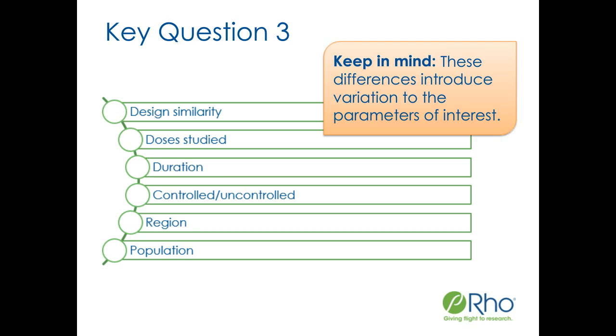Did you dose the subjects for the same duration? And then the type of control you use, whether it's placebo-controlled, active-controlled, or an uncontrolled trial, the geographic region in which your studies are conducted, and your populations all need to be taken into account when you're developing your pooling strategy. You want to make sure that it makes sense to show what is going on as far as the safety profile, but also makes sense in regards to the population that you're trying to get on your label.